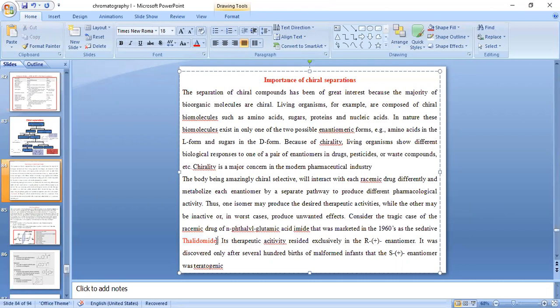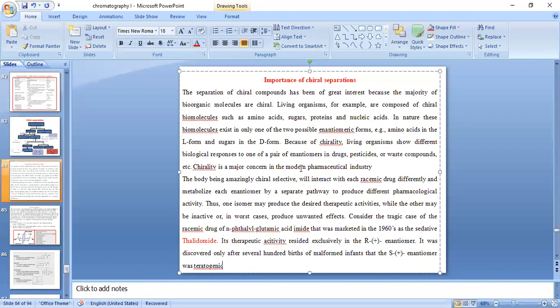But it was later found that only the R isomer of thalidomide had the therapeutic activity, while the S isomer, which was not identified at that point in time, was found after many years to have a teratogenic effect, resulting in deformed skulls, deformed bones, and other very adverse effects.